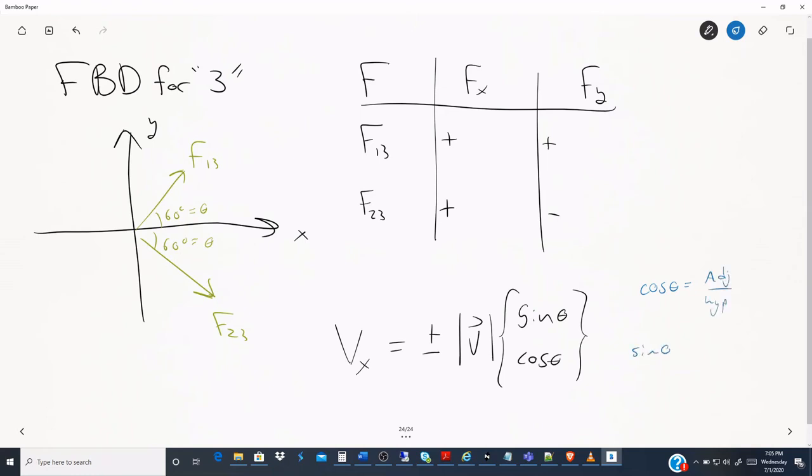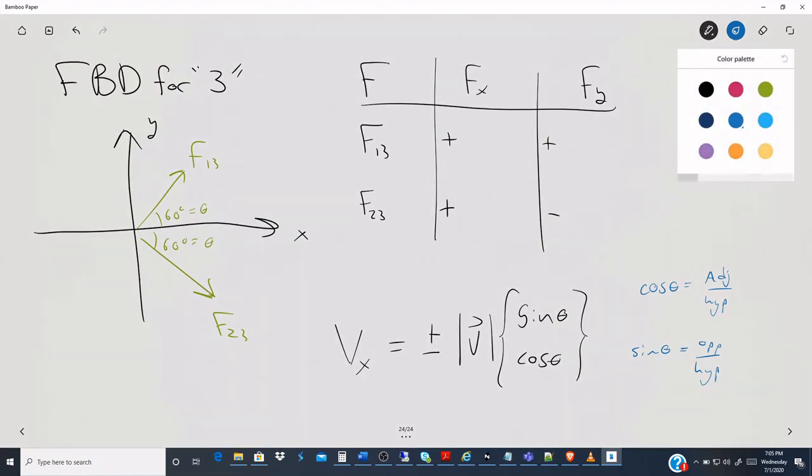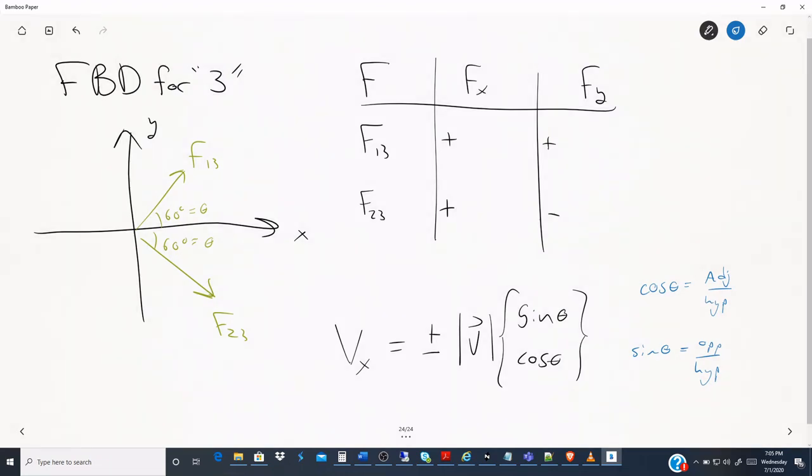And for the y component, I would use sine of theta, because the sine of theta is opposite over hypotenuse. So my force is the magnitude f(1,3) times the cosine of theta, magnitude of f(1,3) times the sine of theta, magnitude of f(2,3) times the cosine of theta, the magnitude of f(2,3) times the sine of theta.